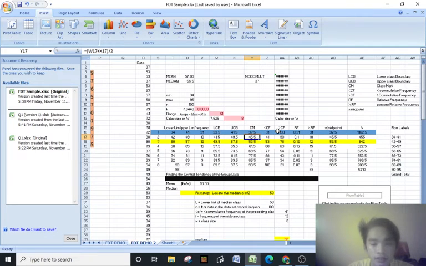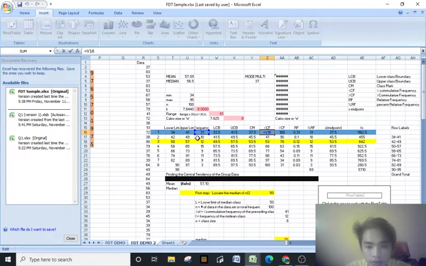And to get the less than CF, it is automatically obtained from the frequency. Just click the frequency, then click enter. That's the first less than CF. To get the second less than CF, you must add the frequency to the preceding CF.